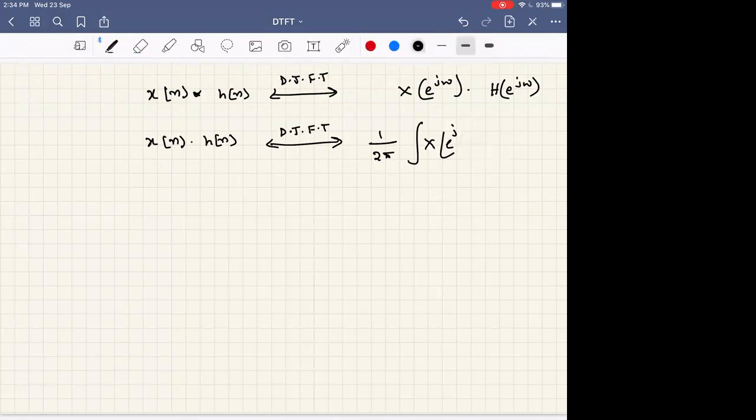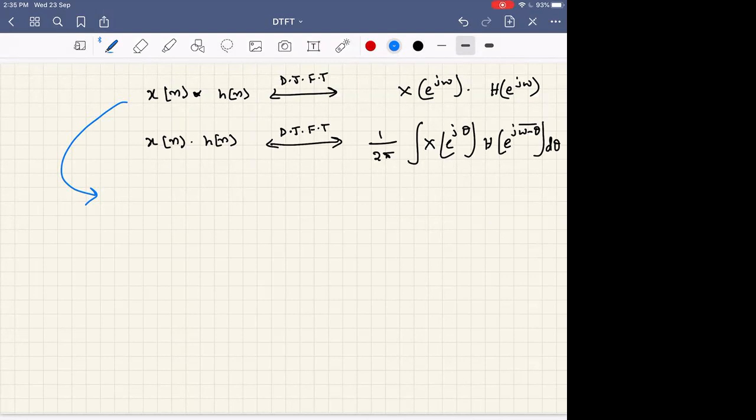Convolution we can write explicitly. So how do we derive this? Say if I want to derive, for example, the first one, how do I derive?